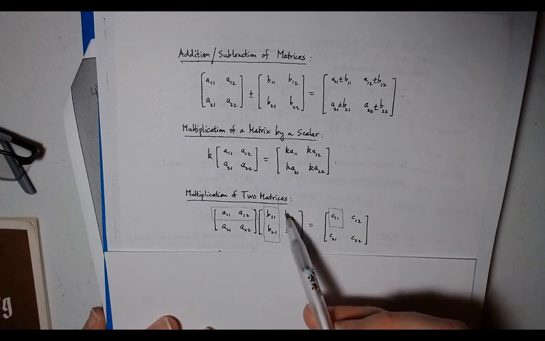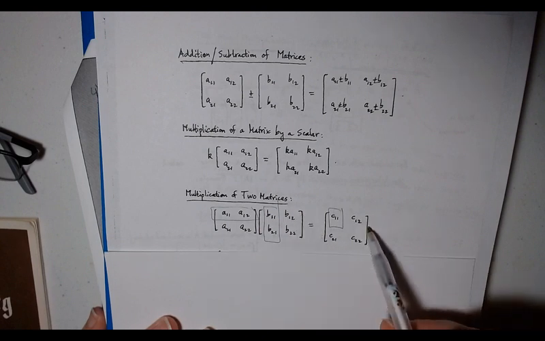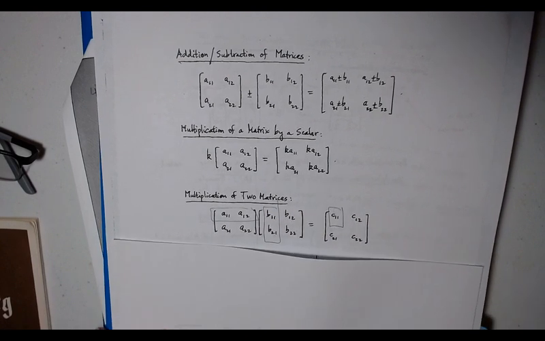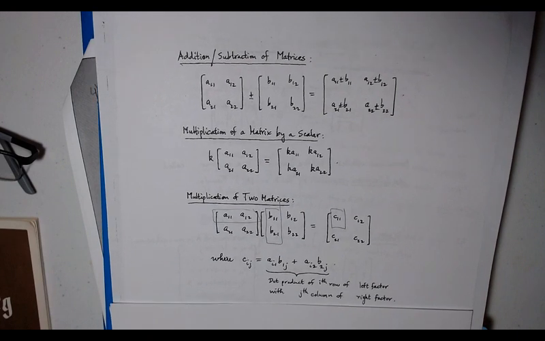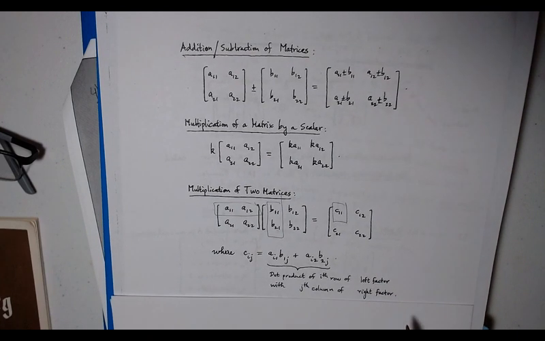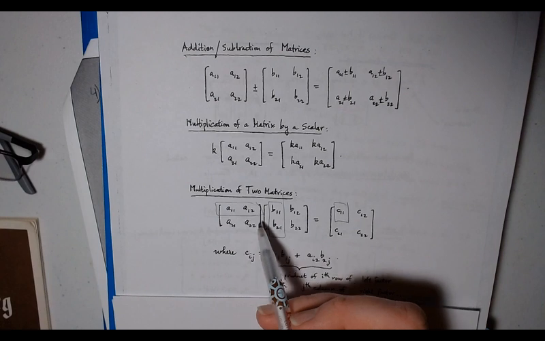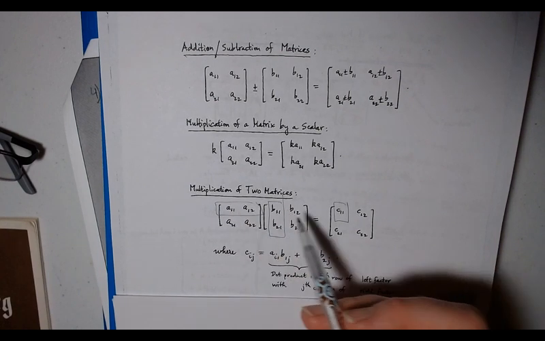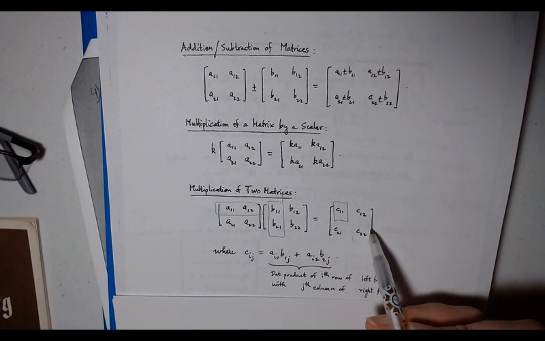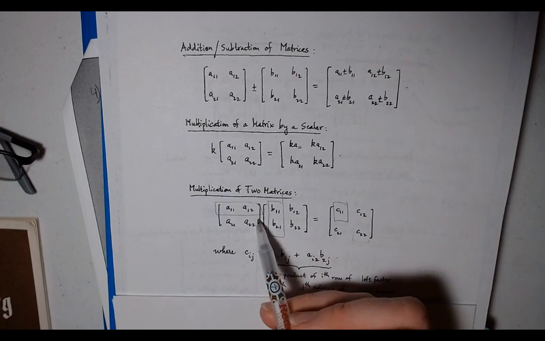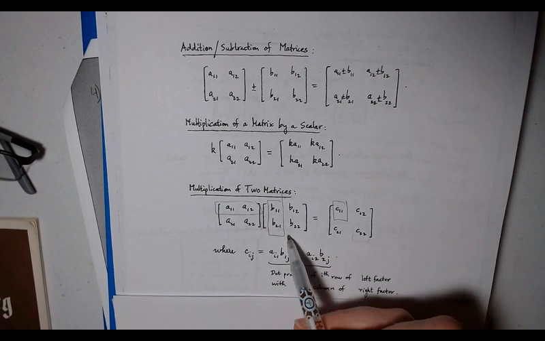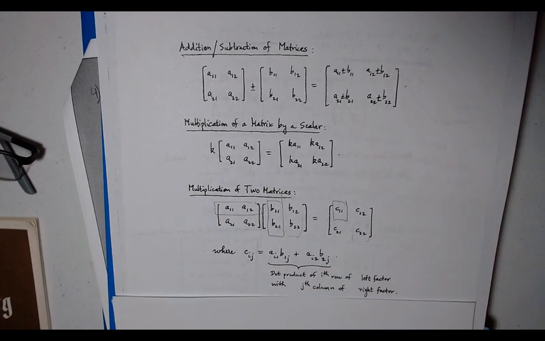So the first row times the second column would go in the 1,2 position. This is just a formula that says how to do that, but really, to find this guy, that's the second row, second column, I multiply the second row by the second column. That's how you'd multiply two matrices together.